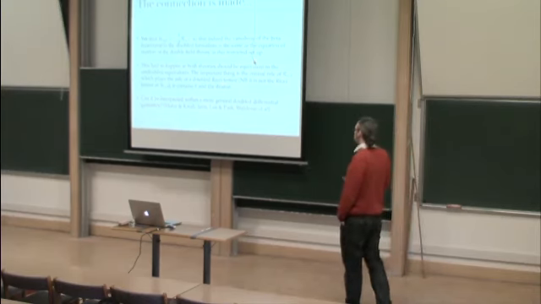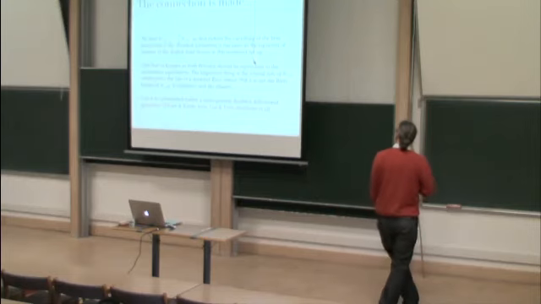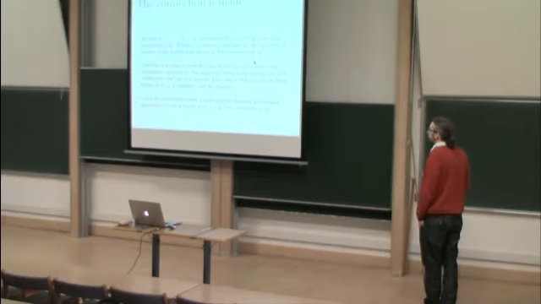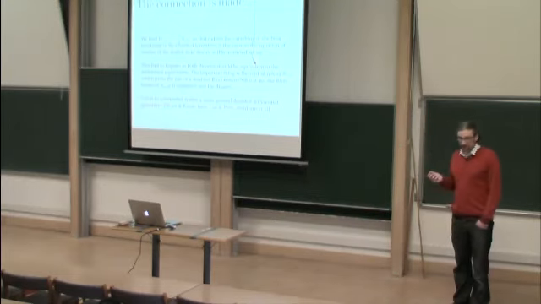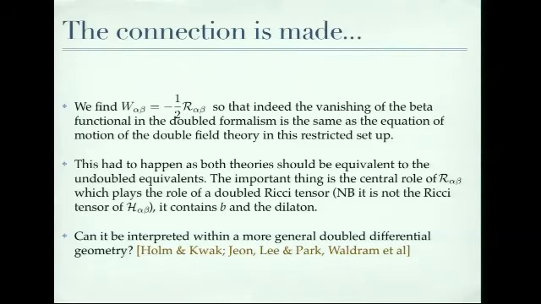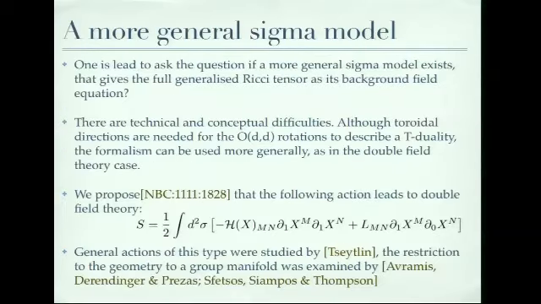Okay, so how can this be interpreted in a more general double differential geometry? And I've mentioned various approaches to this topic by Hohm and Zwiebach, Jeon, Lee and Park, and Waldron and others, which are very interrelated.